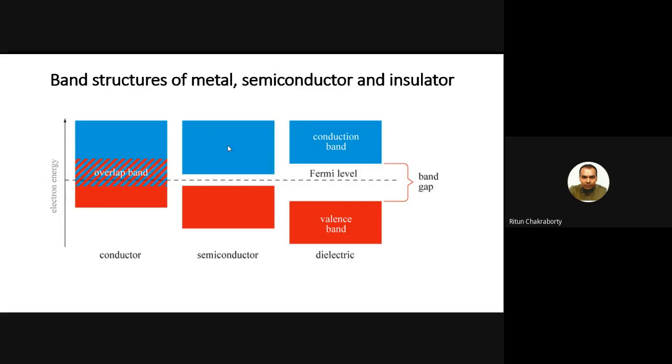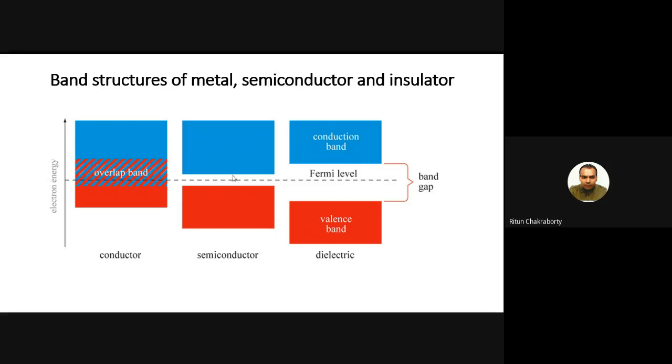This is called the band gap. The band gap of most semiconductors is from 1 to 3 electron volts. Of course, some semiconductors have a higher band gap, like zinc oxide, with a band gap of 3.3 electron volts. So generally within 3.5 electron volts is the region.